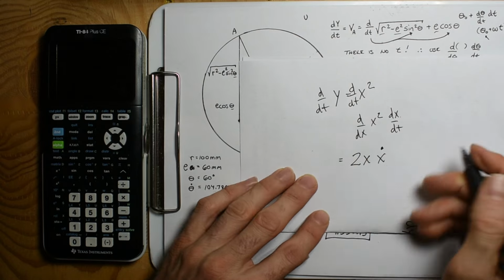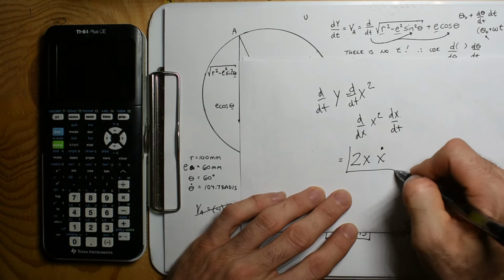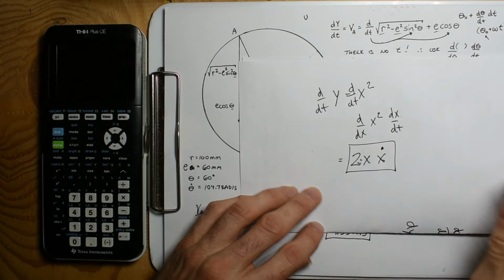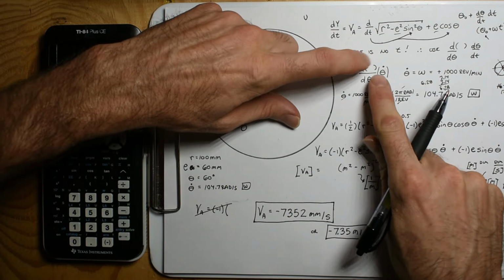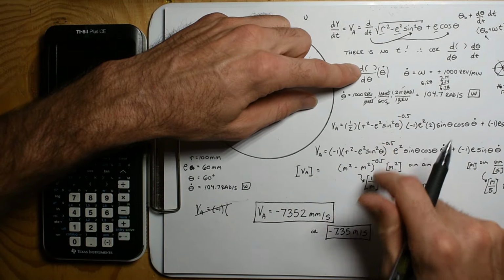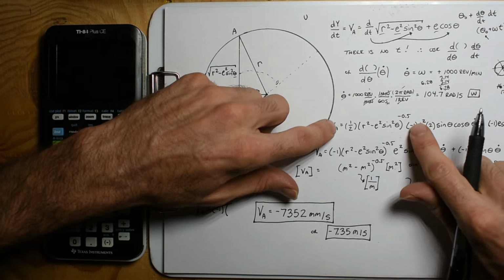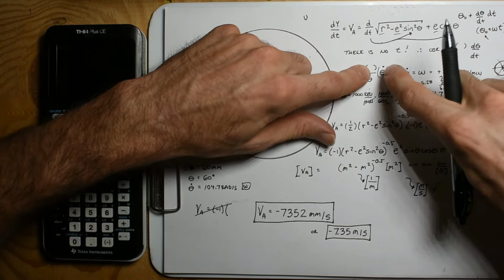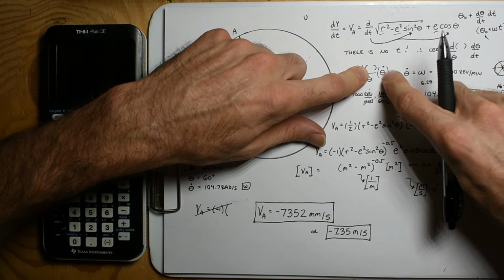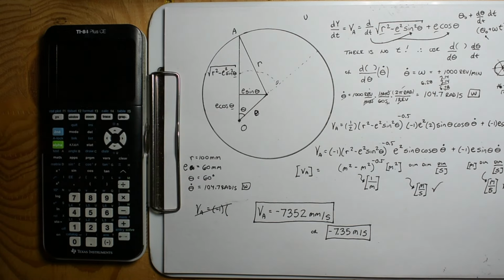So that's how you do it. You have to get both those things to pop out. That's going to be very classic when you're using the chain rule. You differentiate this and this like normal, but then you always multiply by that angular speed, that theta dot.